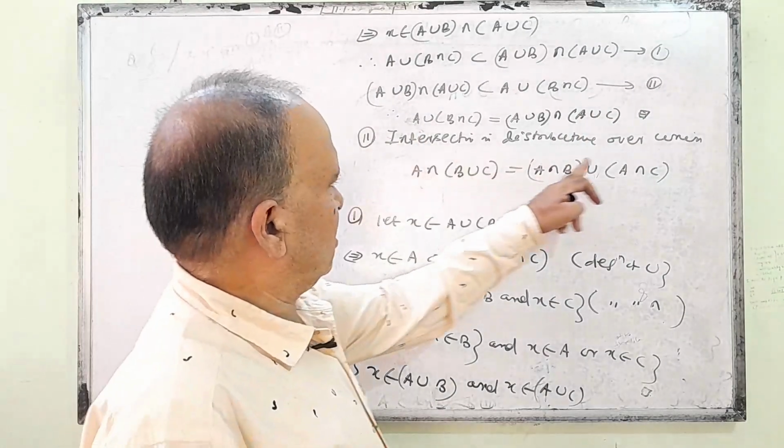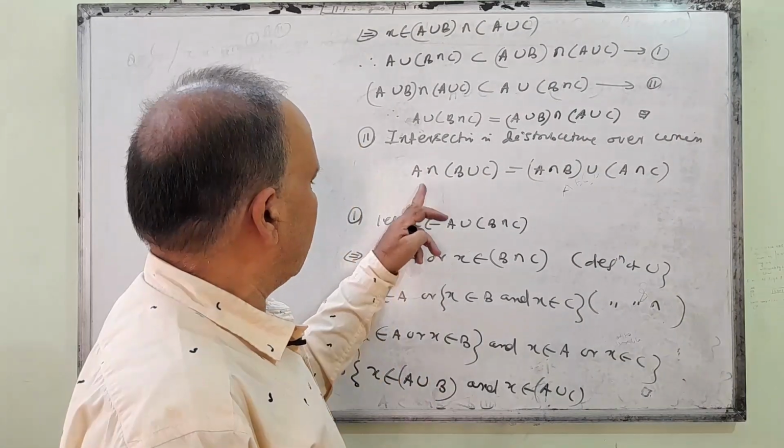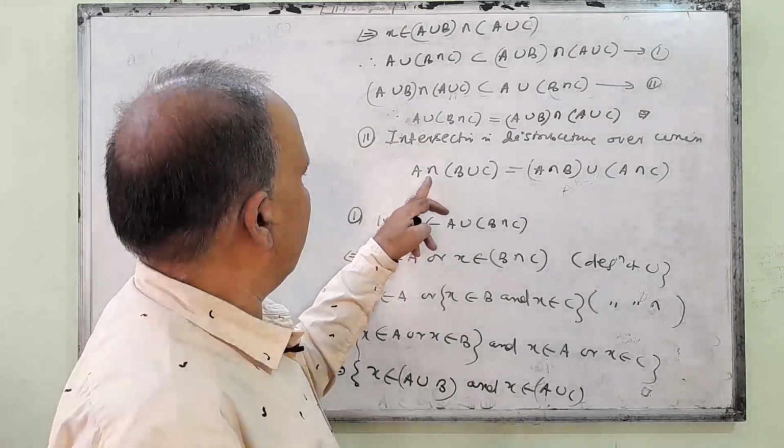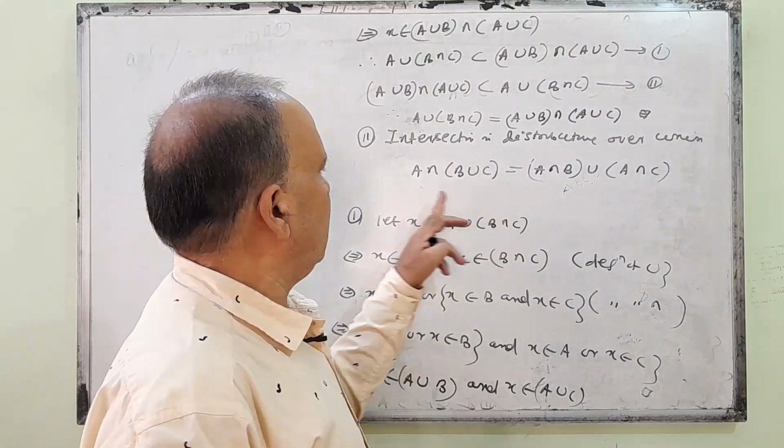Next, come to intersection is distributive over union. How can we do it? Let x belong to A intersection (B union C).